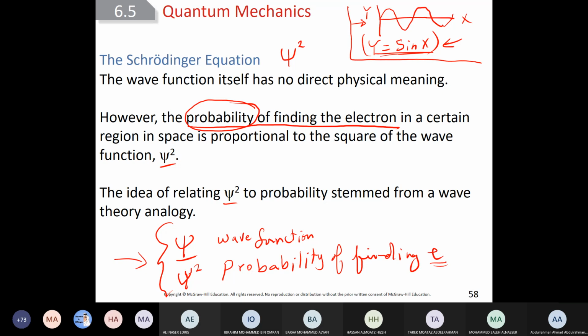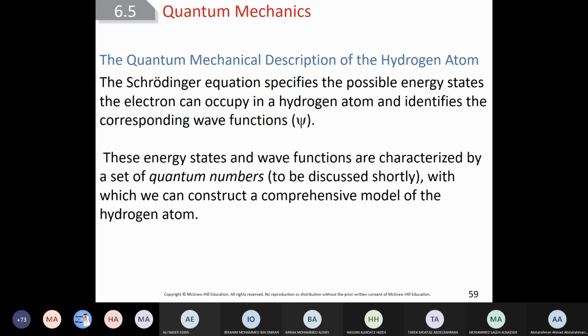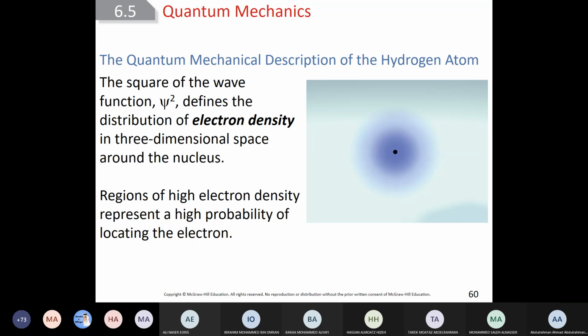It's a wave function. So the electron now we treat as a wave. Now they start solving this equation and they came up with what's called electron density. Psi squared tells you electron density.